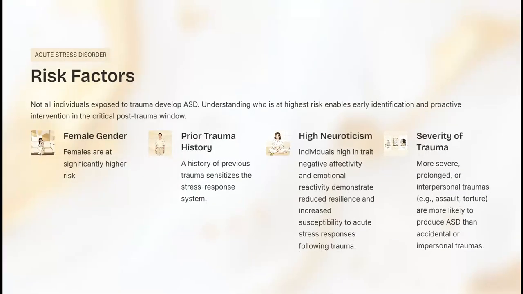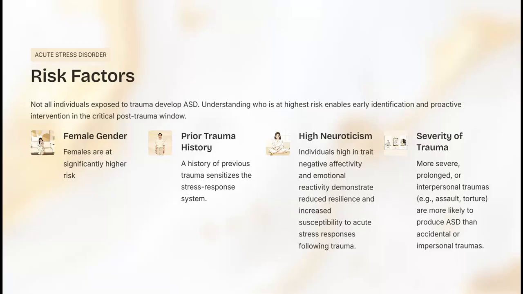Some risk factors for acute stress disorder: female gender, because women are significantly more likely to develop acute stress disorder and PTSD after some type of trauma exposure. That reflects hormonal differences, neurobiological factors, and social vulnerability.